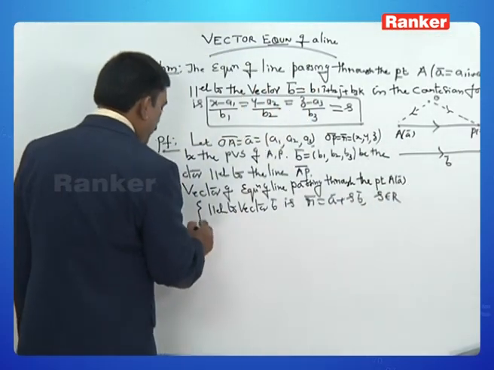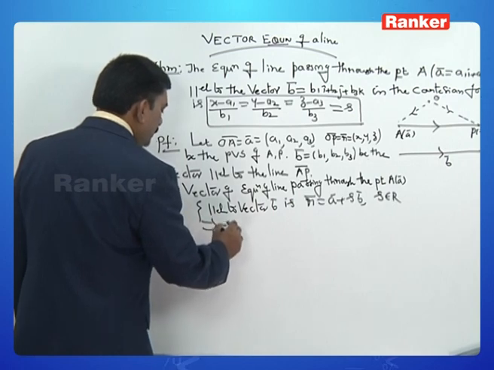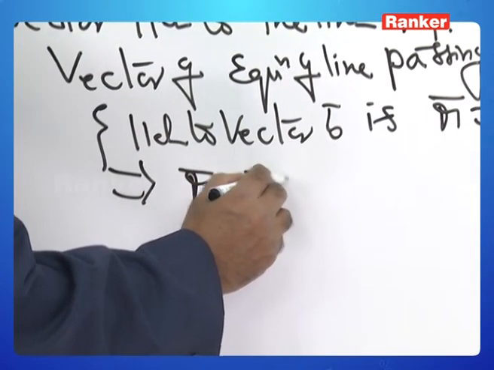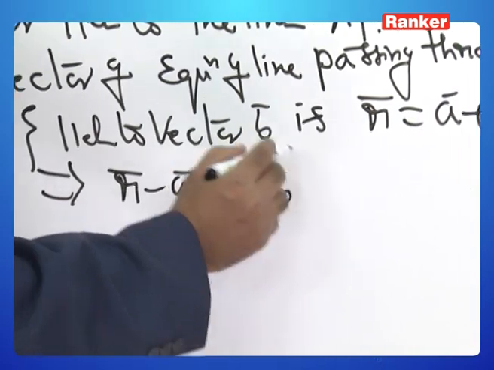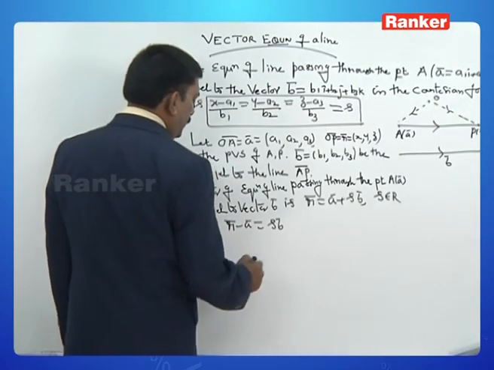I can write this one as R bar minus A bar is equal to SB bar.